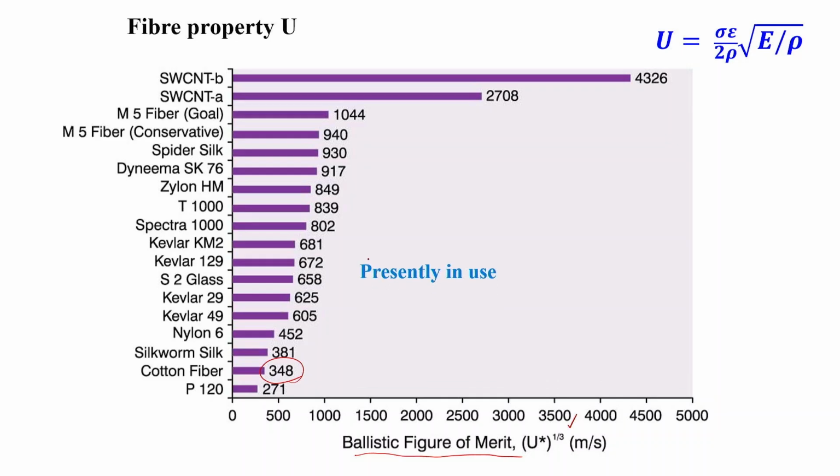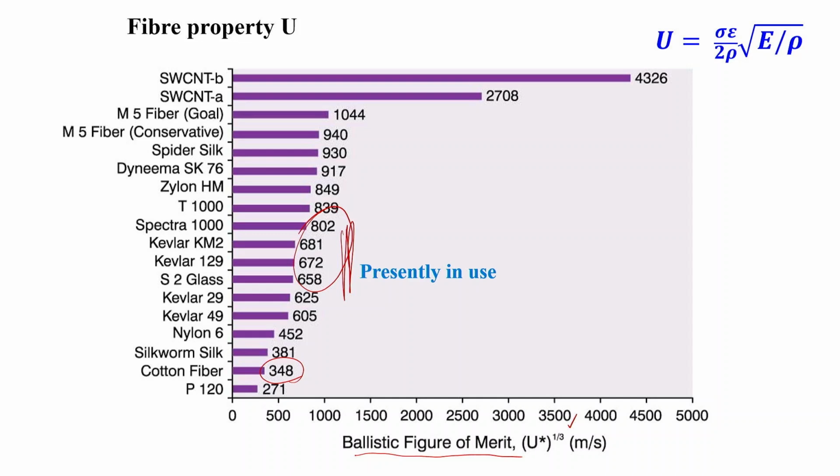So, at this range we use fibers like Kevlar, even Spectra, typically around 600 to 800 range. That is the typical fiber used for ballistic protection.